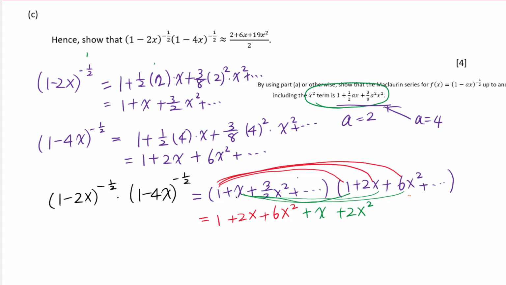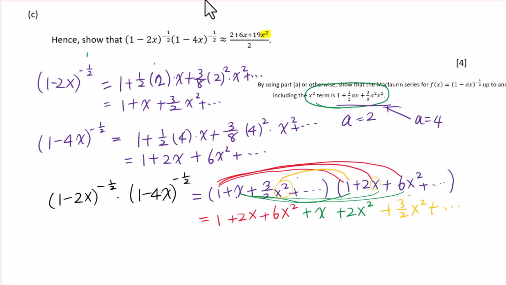X times 6x squared goes to x to the third power. We only need x squared, so we skip this term. Go to next term, plus 3 over 2 x squared. Then x squared times x is x to the third power. We will skip. That's all.